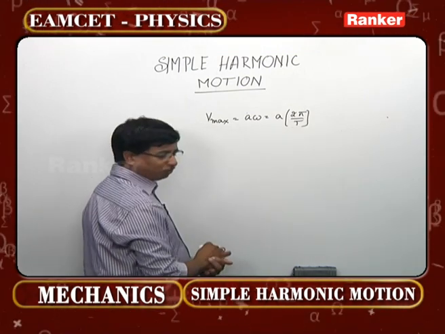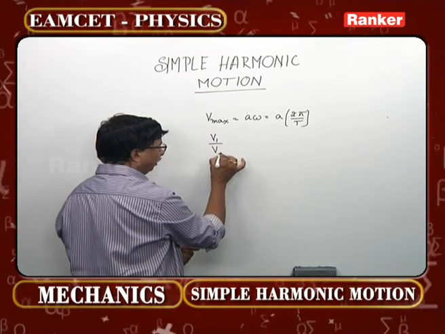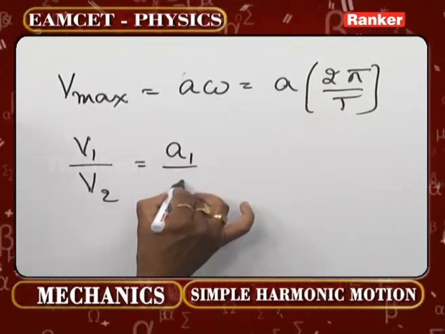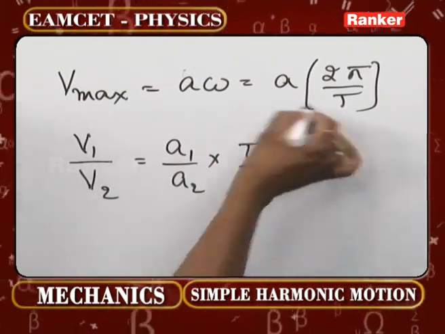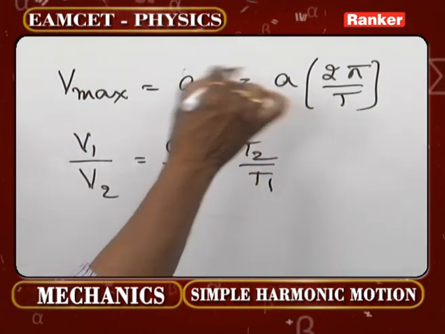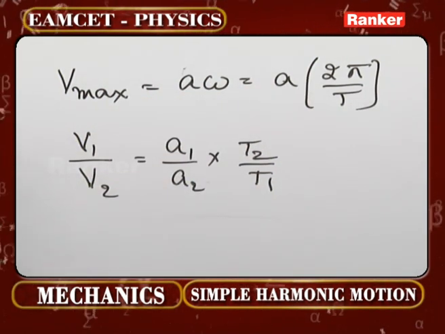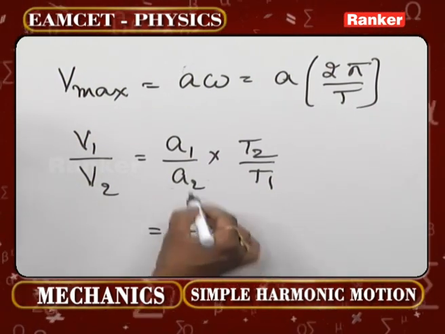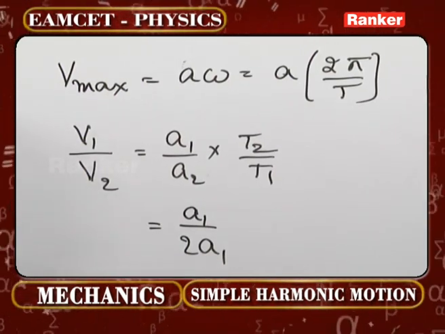That is the concept. Now let us take maximum velocity in the first case as V1, in the second case as V2. Then can't I write V1 by V2 equals A1 by A2 into T2 by T1? I can write directly this way, 2 pi being constant. Now what are the values given? If its amplitude is doubled, you write amplitude 1 as it is and amplitude 2 as 2A1.